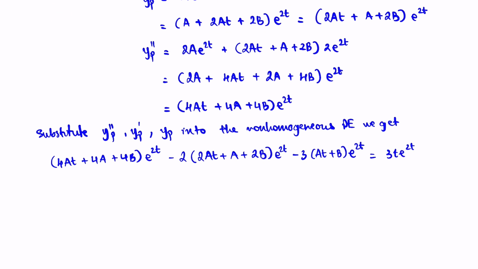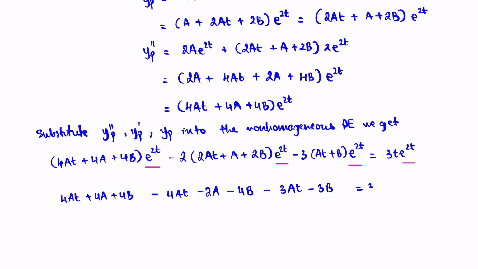So every term in the equation has e to the 2t. Therefore, you can divide both sides by e to the 2t, and we're going to get 4at plus 4a plus 4b minus 4at minus 2a minus 4b minus 3at minus 3b equal to 3t.